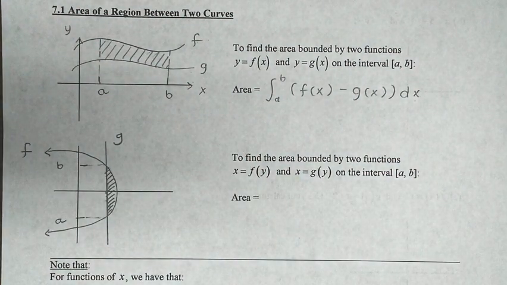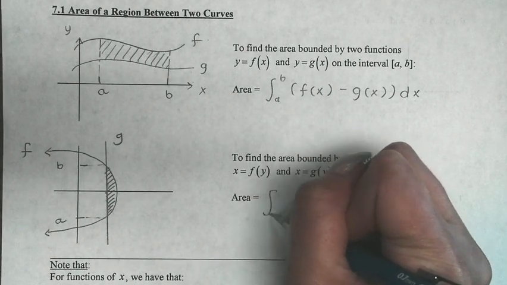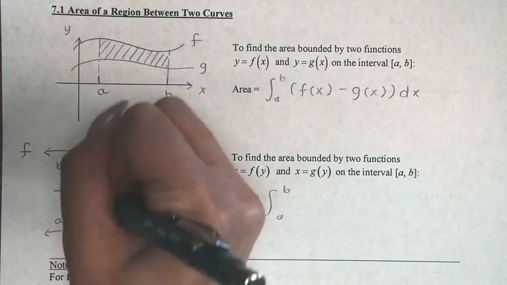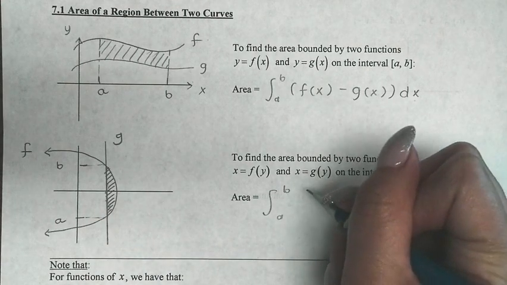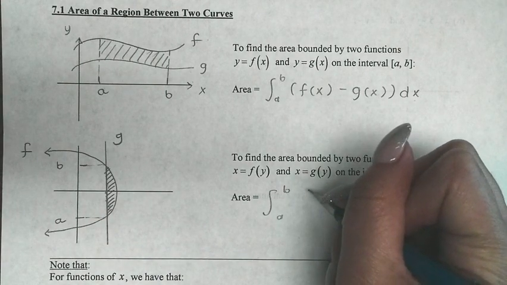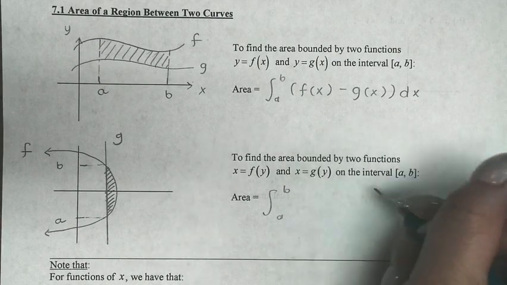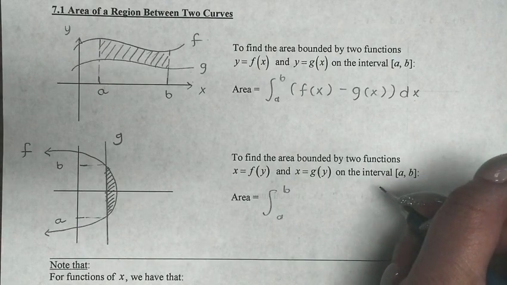So what's the deal here? Well, this area is going to be the integral from a to b, lower bound to upper bound, and instead of top minus bottom, this is going to be right minus left. So which function is on the right?